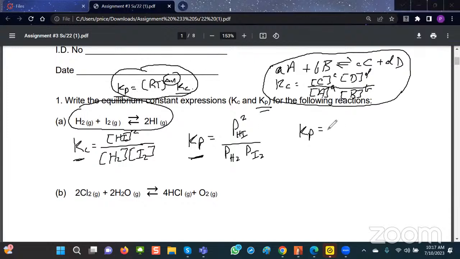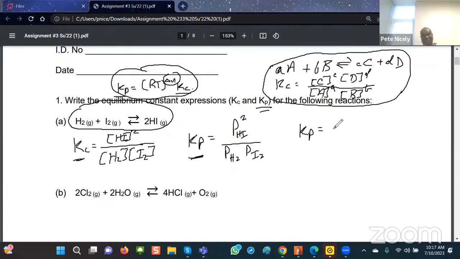Would it still be Kc because the difference in the coefficients of the products and reactants is 0? Exactly. You're absolutely 100% right. Because if you use the same equation here, delta n in this case would be equal to 0, right?